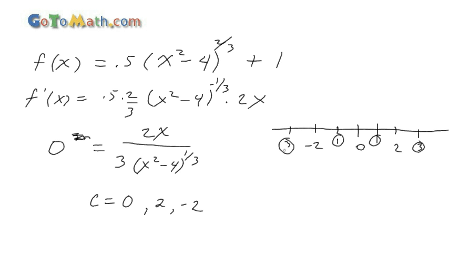Okay, so we plug our test points in to see if it's positive or negative. So 3 in the numerator, you get positive. 3 down here, you're going to end up with 9, so that's going to be positive. You get positive, positive, positive. Actually, I see a mistake here. That should be negative 3. So you get negative in the numerator, positive, and so that's negative. A negative, not a positive. So we get decreasing.